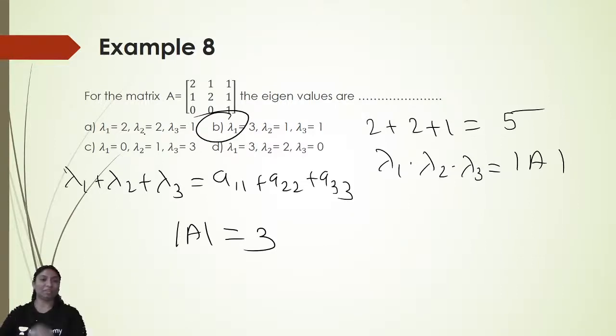Clear? So I hope you clearly understand how to calculate the eigenvalues and eigenvectors when the matrix is given, with the help of these properties, without doing any calculation as in our previous method: writing the characteristic equation, finding the roots of that characteristic equation, and then finding the values.